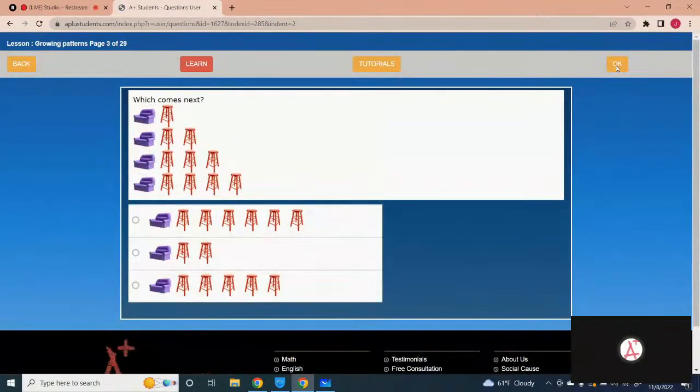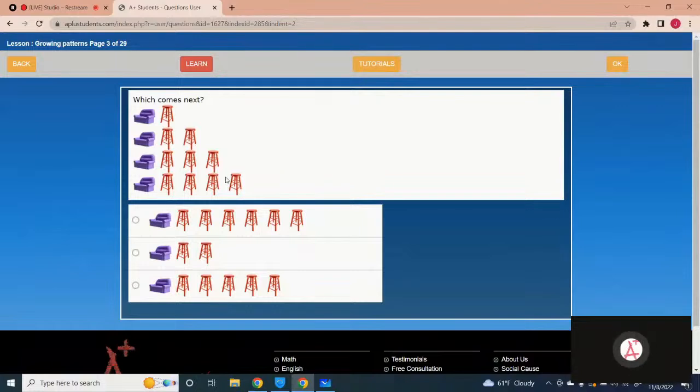Yes, very good, Alex. Okay, which comes next? A sofa and a chair or stool, you can say. Then for the second one, you have one of the sofa and the stools are increasing by one, two, third time there are three, fourth time there are four.